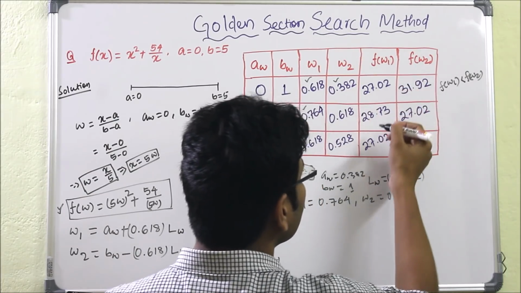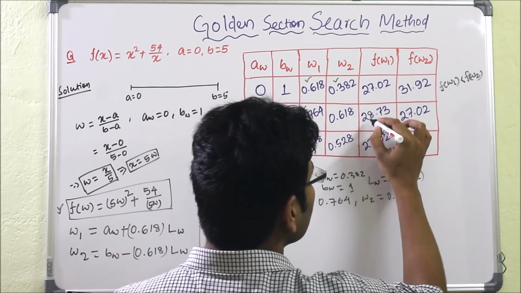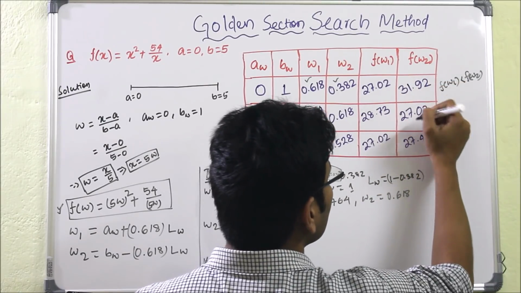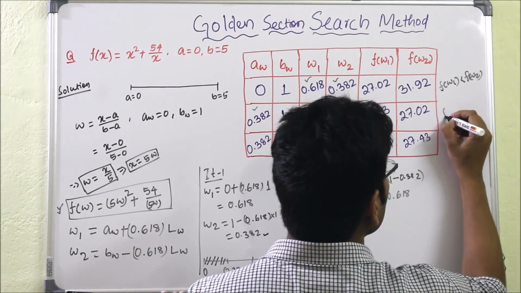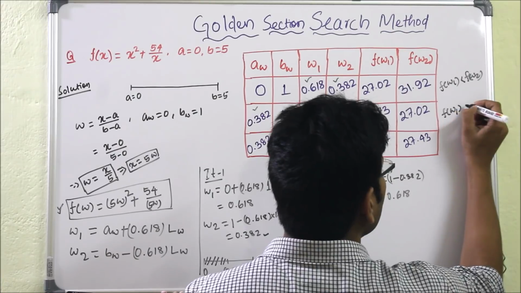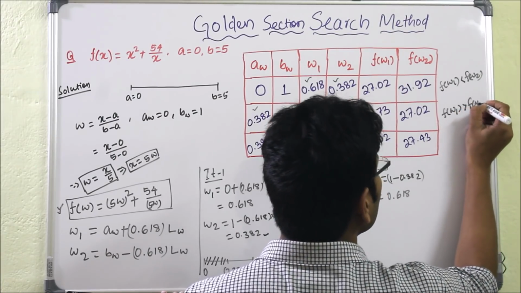Based on this we find the function values: f of w1 is 28.73 and f of w2 is 27.02. So f of w1 is greater than f of w2.